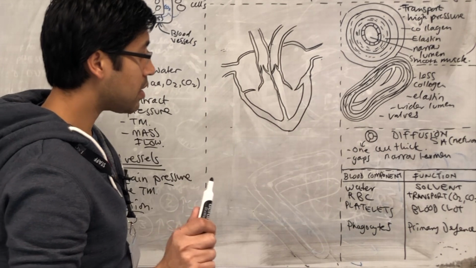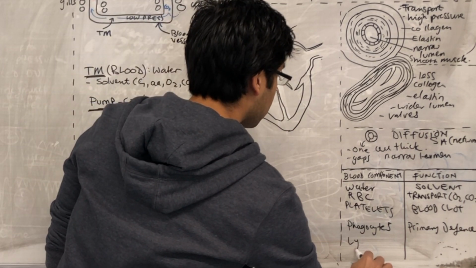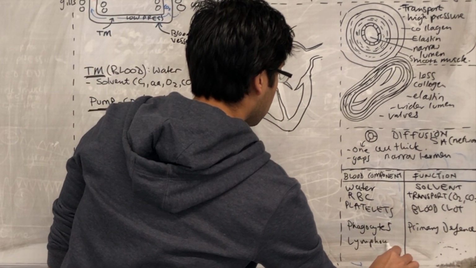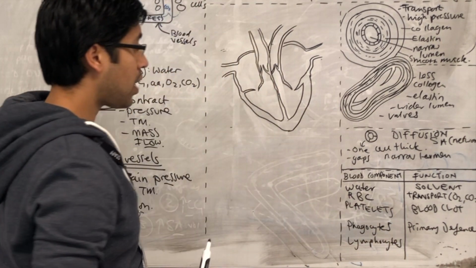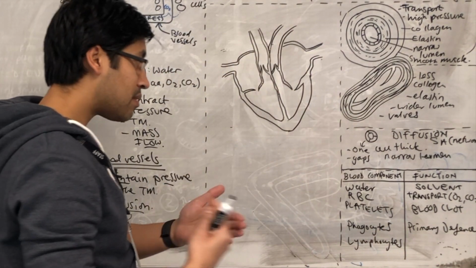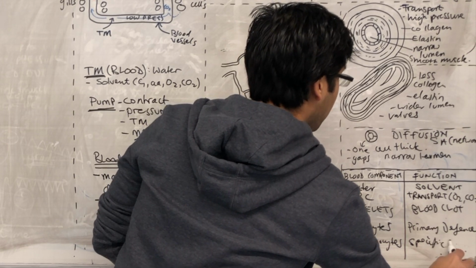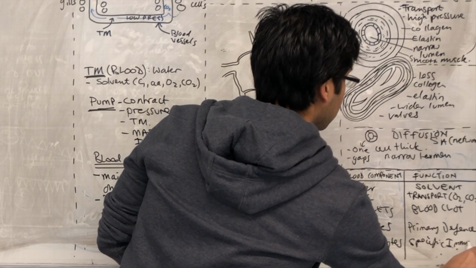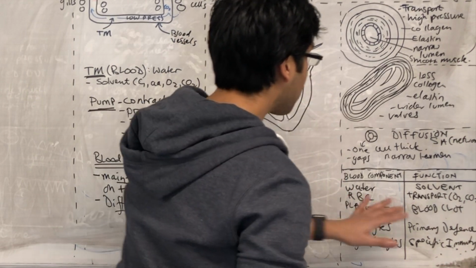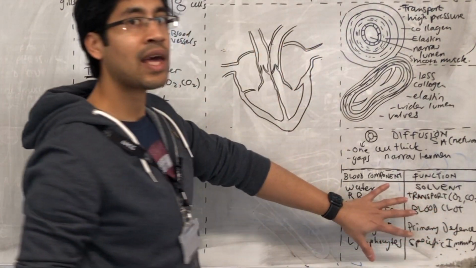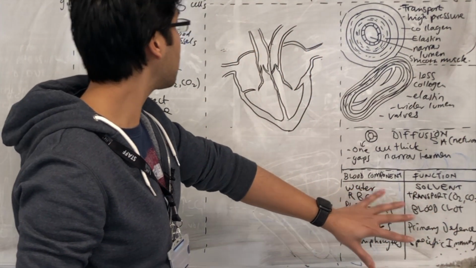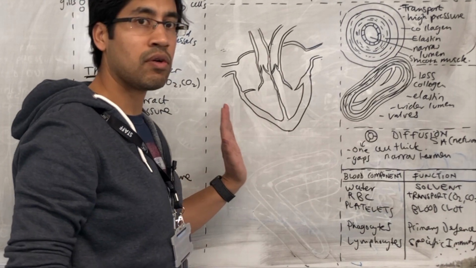And finally, we'll have lymphocytes. Okay, and lymphocytes are part of the specific immune system. So those are our main specific immunity, and those are our main blood components and their functions, just to be aware of that. And now we will discuss the structure of the heart.